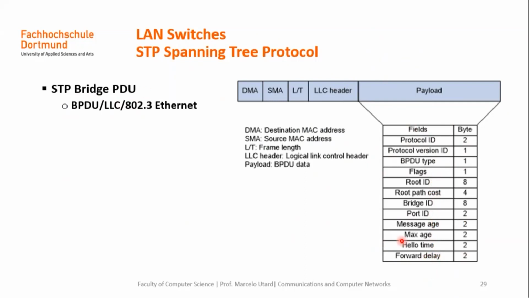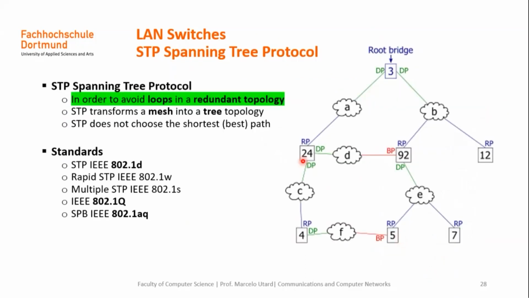The basic concept is that the spanning tree protocol is exchanged by the switches, not by the end systems, not by the stations, but only by the bridges and switches that perform LAN switching in a LAN switching network. And the main goal of the spanning tree is finally to block some ports in order to avoid the loops.